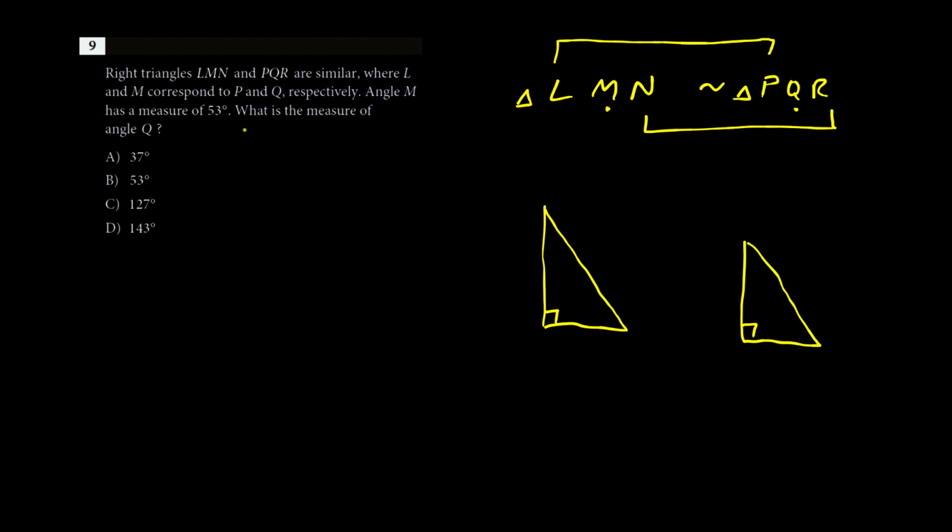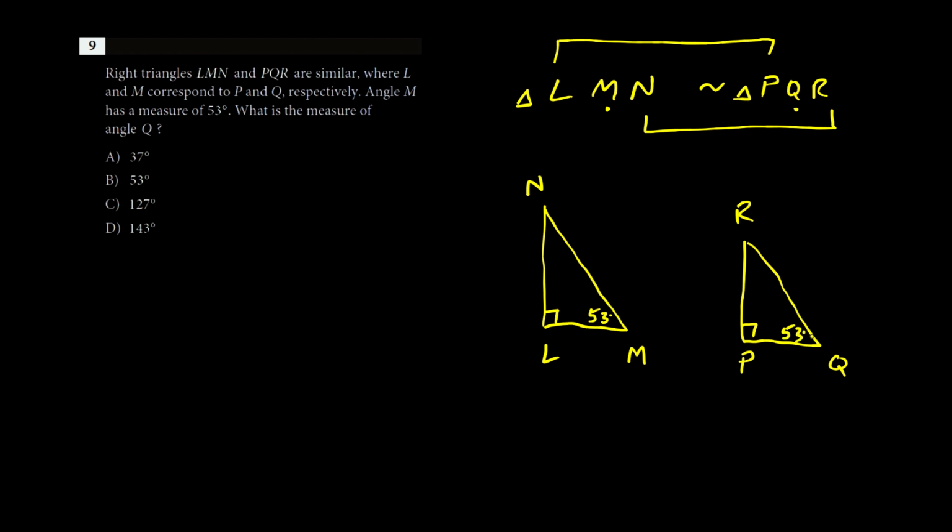Angle M has a measure of 53, so I know for a right triangle that the right angle can't be M. So why don't I just go ahead and call this angle here M, and we can call that 53. And now I'm just going to finish labeling this. We can say LMN, so that means over here L matches with P, Q matches with M, and R matches with N. So there's our similar triangle, and we can see here we have 53.